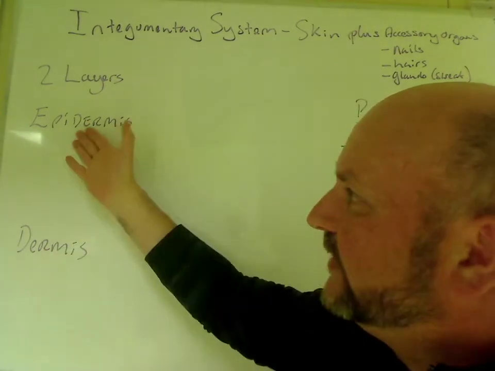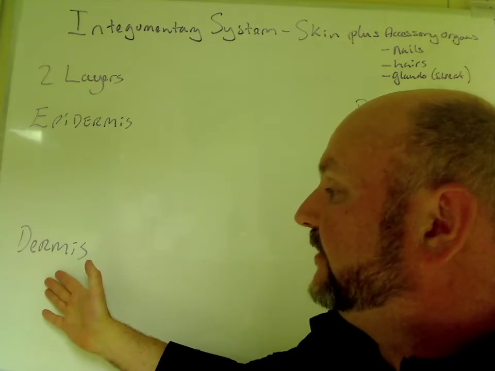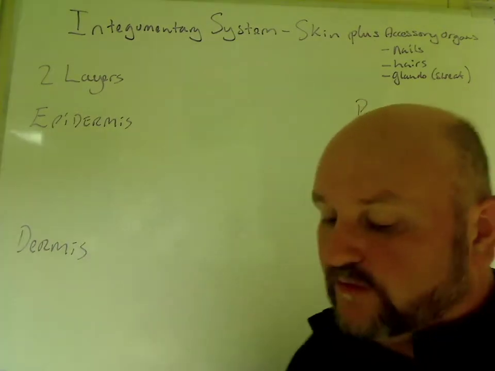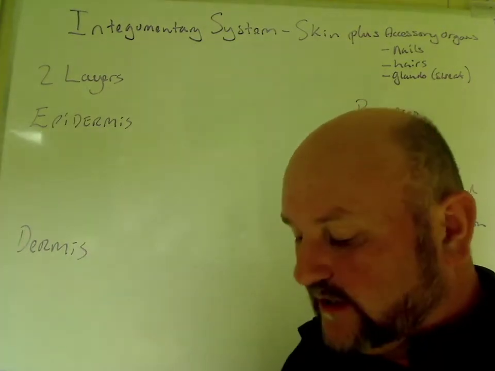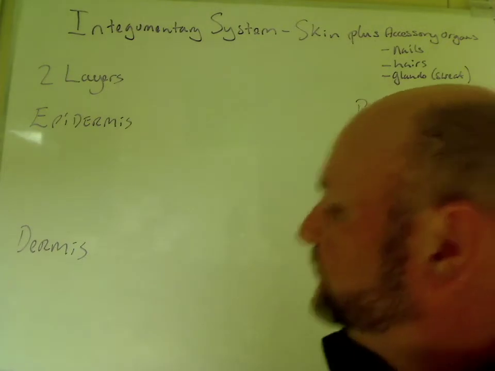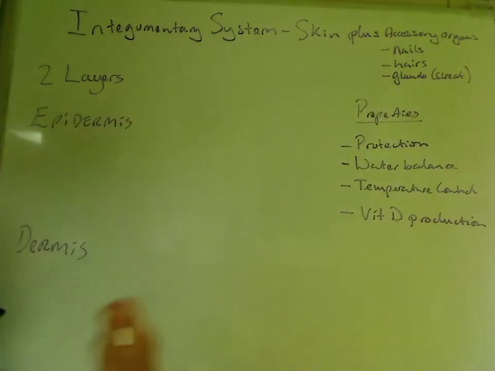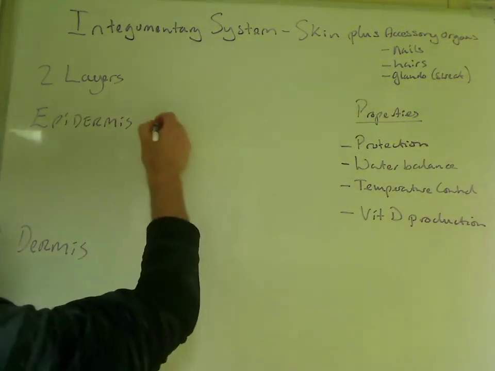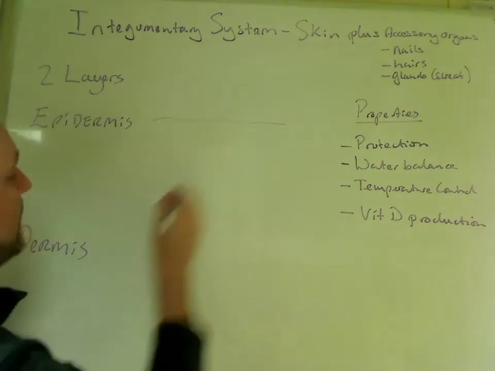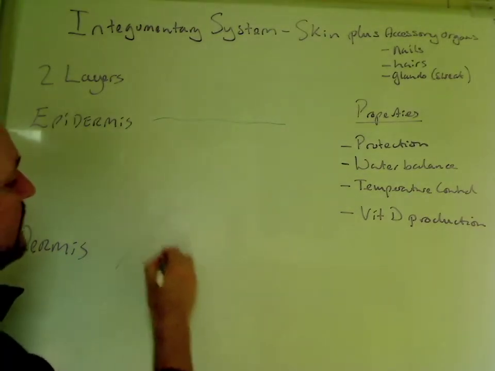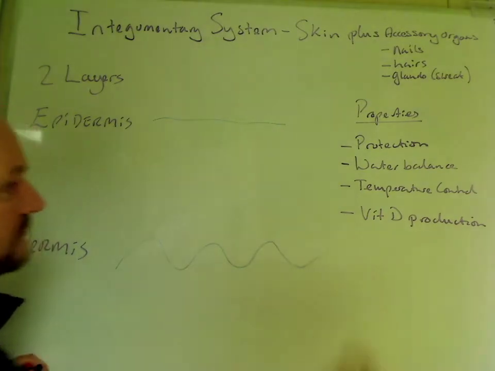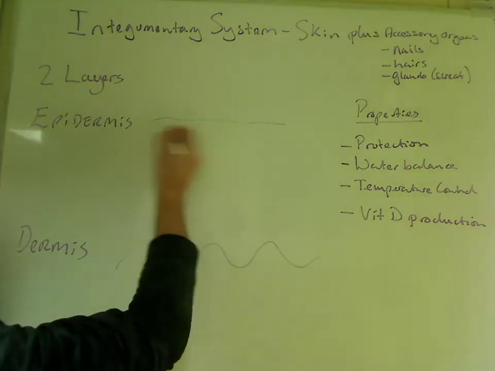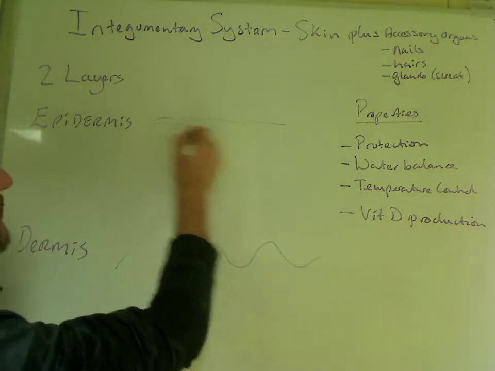Let's start thinking. We've got an outer layer of epidermis, we've got an inner layer of dermis. So what do we actually find in these layers? Well, in the dermal layer we've got the skin surface, and then we've got the dermal surface there, and we've got layers of cells in between.